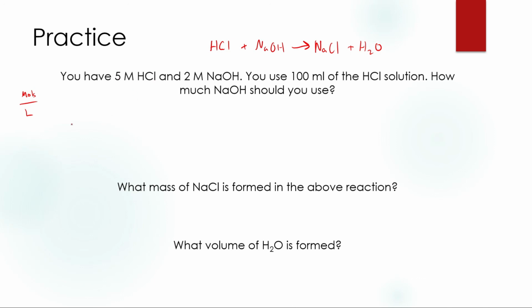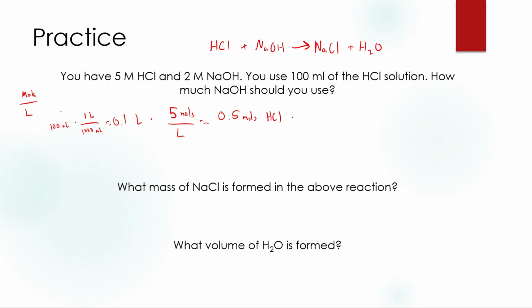If we're using 100 milliliters, we need to convert that to liters. So 100 milliliters times 1 liter per 1,000 milliliters equals 0.1 liters. And then we've got 5 moles per liter. Gives us 0.5 moles of HCl. This asks us how much of the NaOH solution should we use.